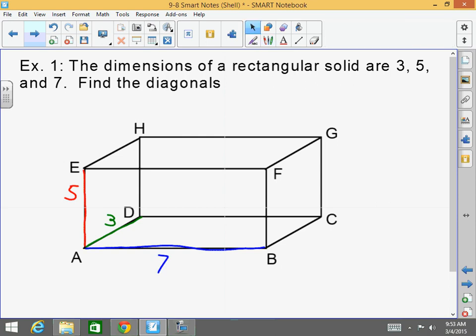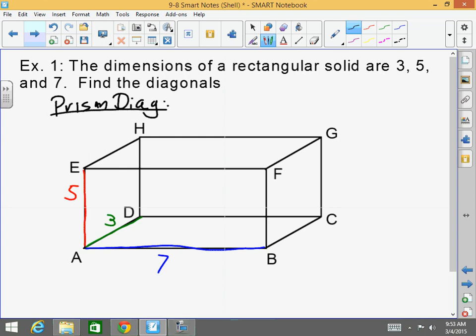Okay? I want to find, though, the diagonals. There are two different types of diagonals here in this prism, as we learned. There is the prism diagonal, and the base diagonal.